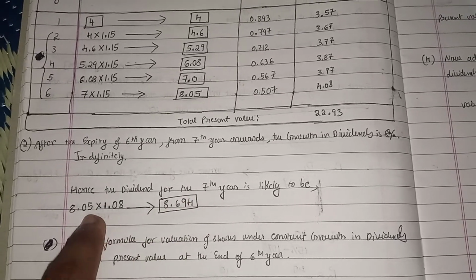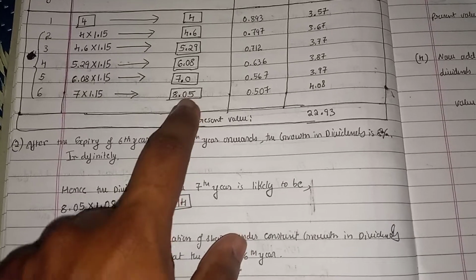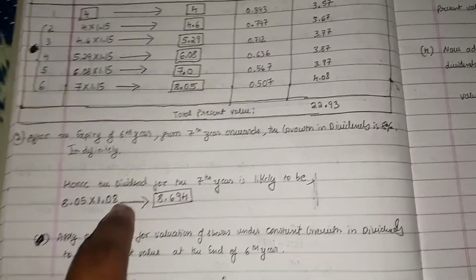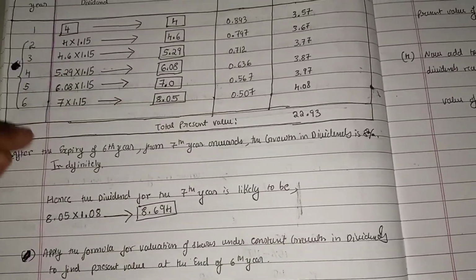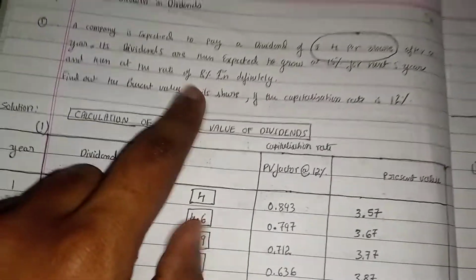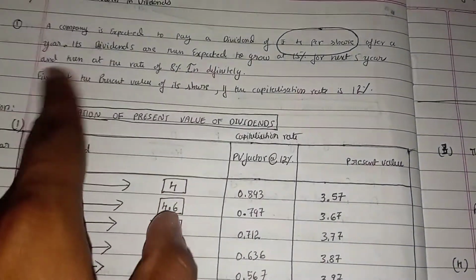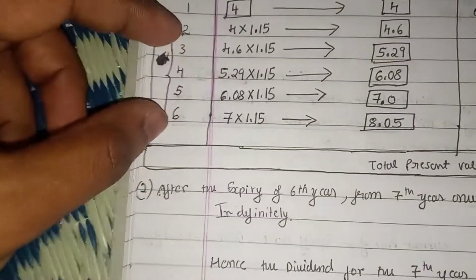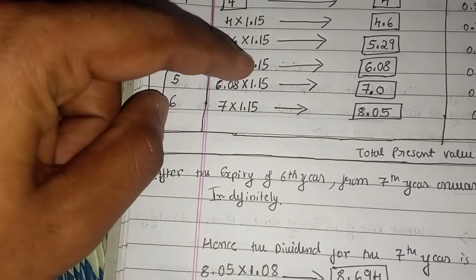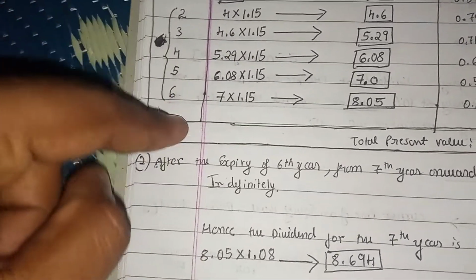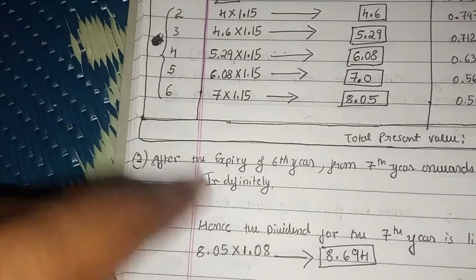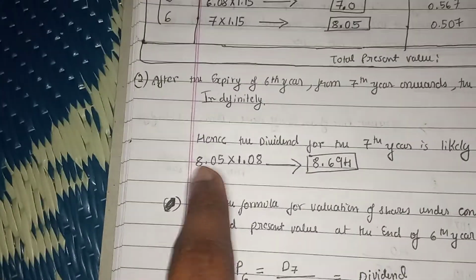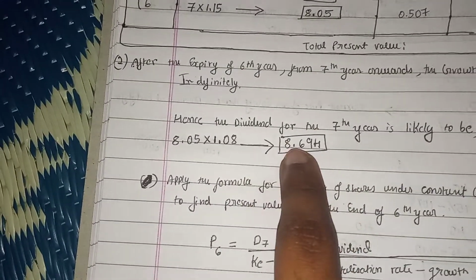See, 8.05 is the dividend at the end of the 6th year, into 1.08, because for 5 consecutive years it's 15%, after that it is 8%. After the 6th year, the 7th year, 8th year, 9th year, 10th year, you will get 8%. So 1 plus 8% is equal to 1.08. 8.05 into 1.08 you will get 8.694.